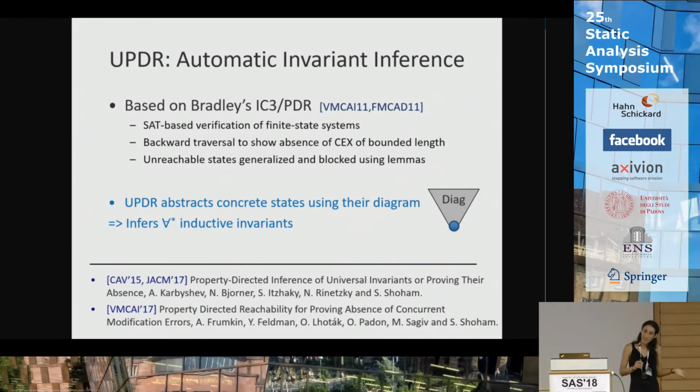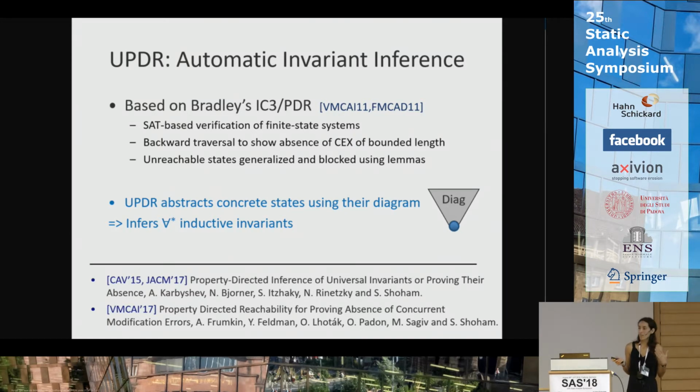So in another work about automatic invariant inference, we had an extension of PDR that allows it to infer universally quantified invariants. And there again, the key idea, even if you don't know PDR and don't know the details, it's not very important. The main thing was that we used basically the diagram as an abstraction of states.